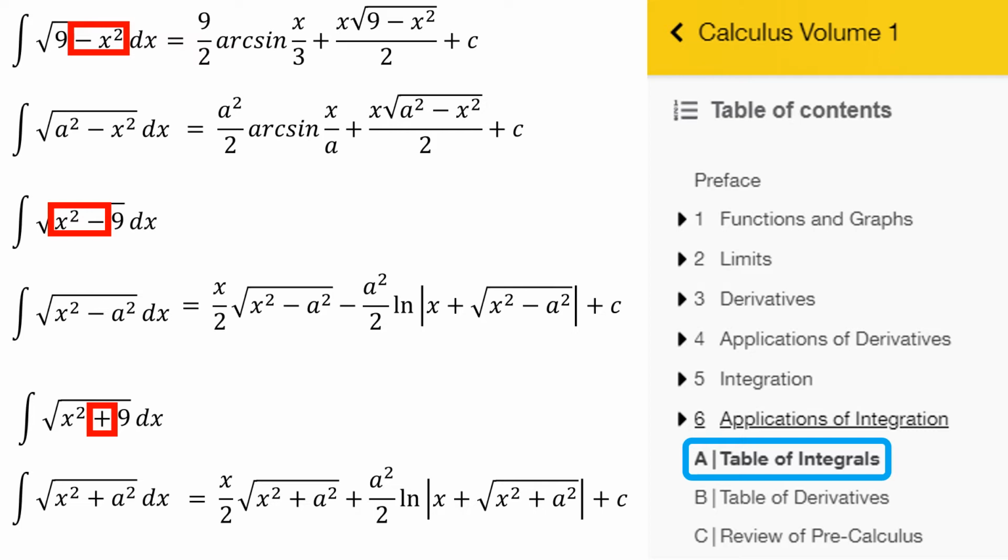You're still expected to integrate a lot of things by hand, but they're honest about this. There are some things you're just not going to be able to memorize.